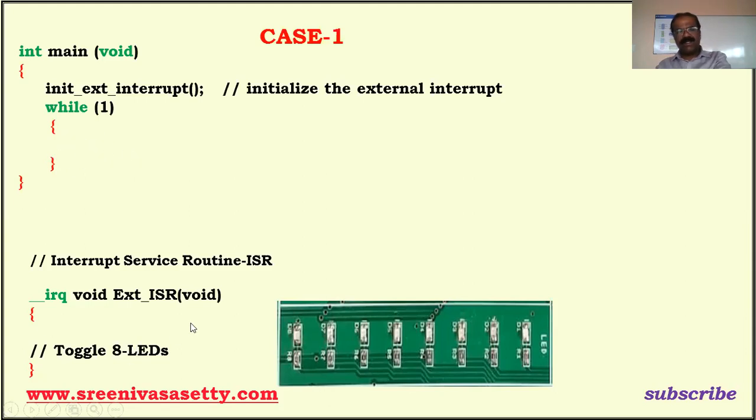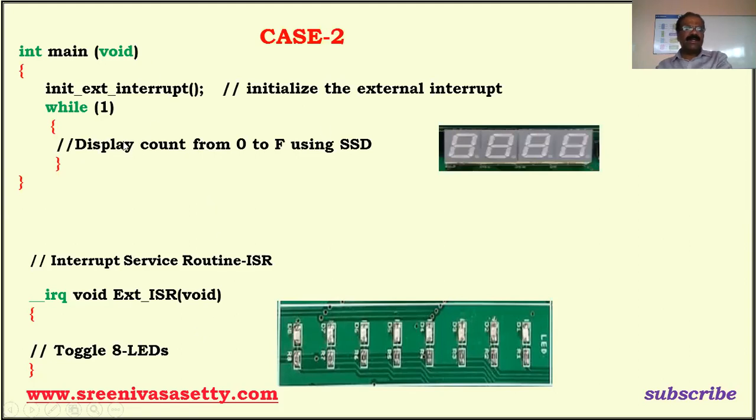This is one example. One more thing: here I've written a complete program to count from 0 to F and display it on the 7-segment display. I'm using only one digit here. It counts from 0 to 9 and A through F, a hexadecimal up counter, and keeps repeating infinitely. Once you press the interrupt switch, it immediately stops this program temporarily.